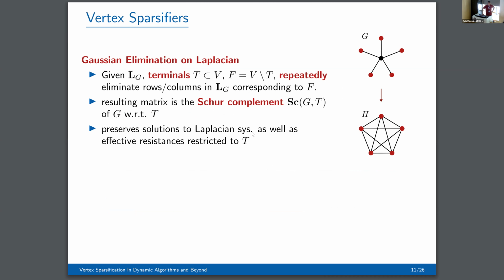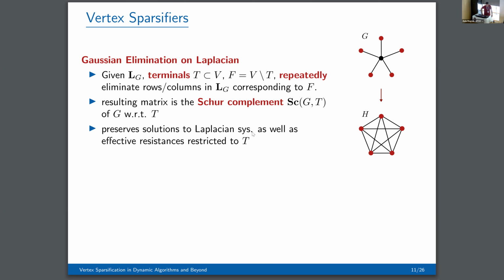I want to get rid of it. And the question is, what is the graph that you have to put on the neighborhood of this star so that you preserve all pair effective resistances, or you preserve all solutions to the Laplacian system with respect to the coordinates corresponding to the neighborhood?